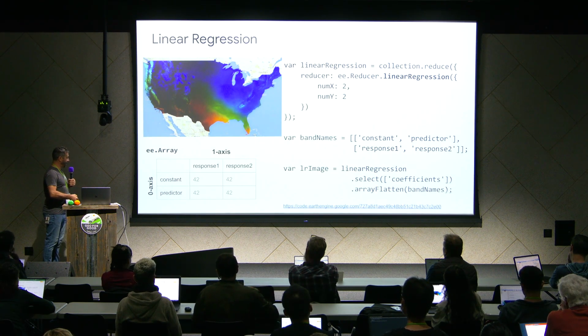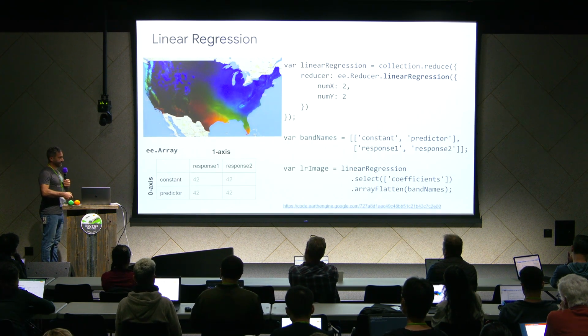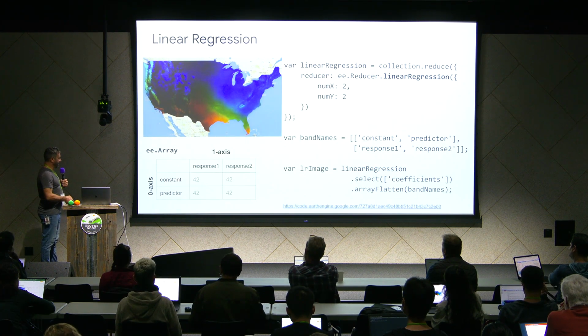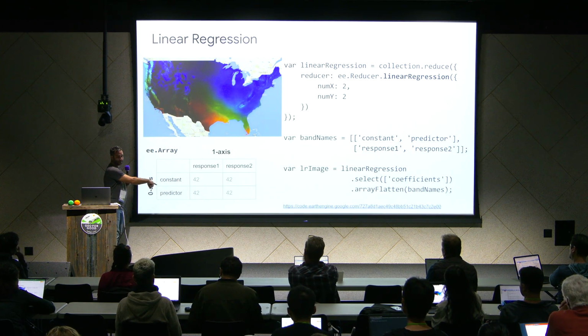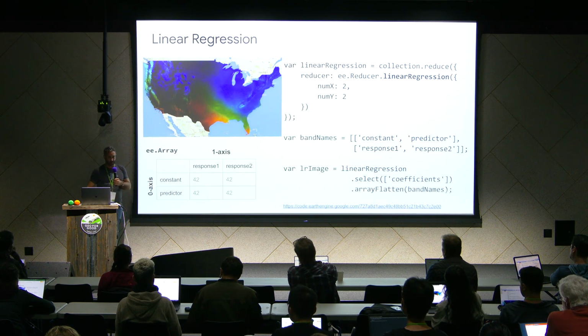So here's the shape of this little array that's getting returned here. And note, on the 0 axis, you've got the constant and you've got the predictor. And on the 1 axis, you've got the coefficients of response 1 and the coefficients of response 2. Earth Engine doesn't know how to display this, you've got this little 2x2 array in each pixel.